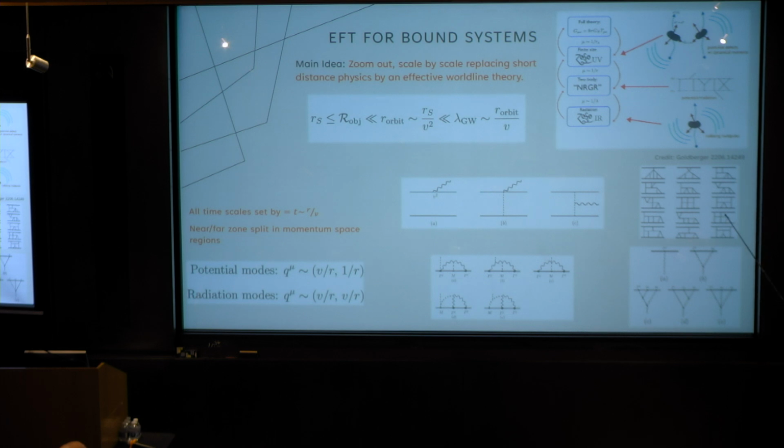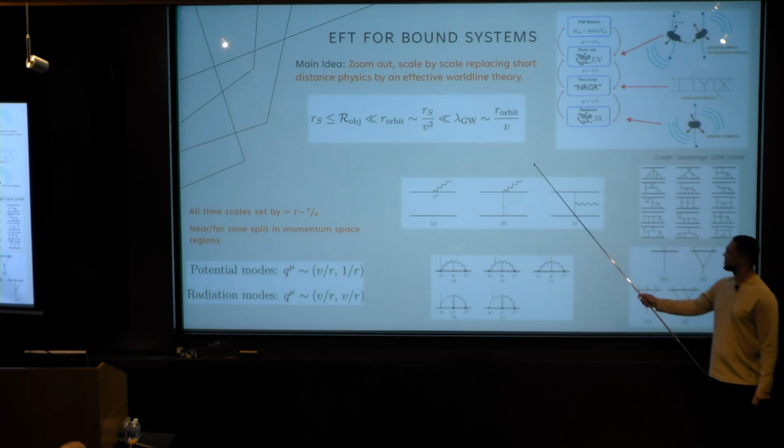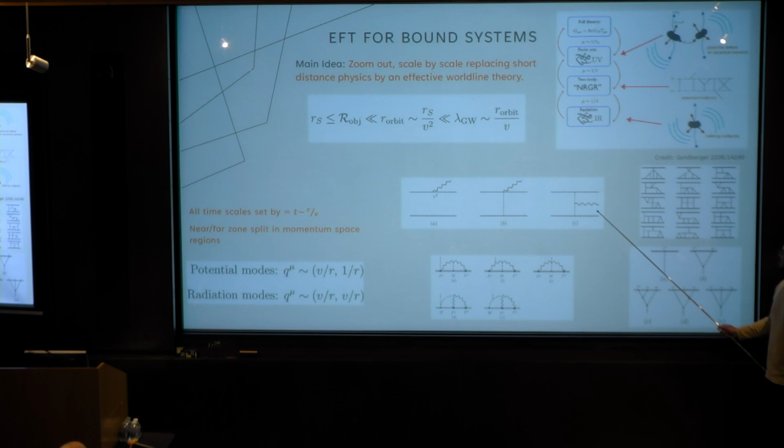Just as an example, here's some graphs from a 4PN calculation to compute the effective potential between the bodies. Here's some graphs that show you how the multipole moments can change because it's not just the masses that source radiation, but radiation can also couple to the gravitational stress energy itself. Here's some of those actual computations of the radiation waveform, where you can see there's multiple backscatterings, there's gravitational memory effects, there's tails.